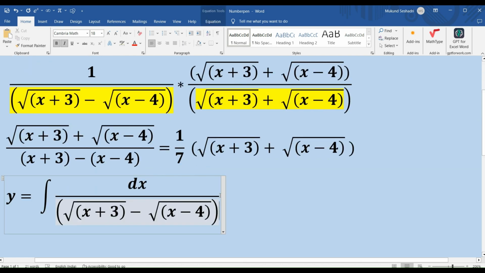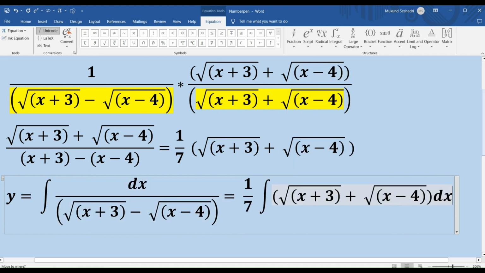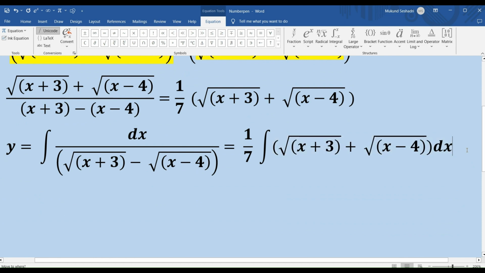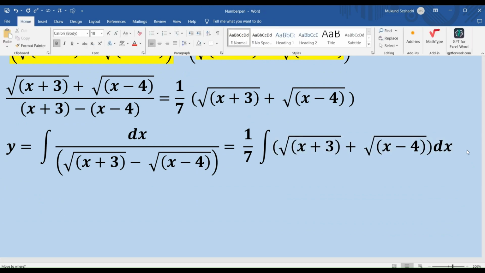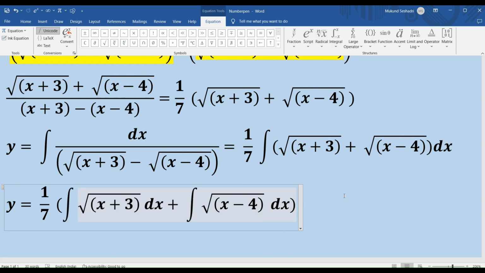So let's go down and write our y. I have now simplified it through rationalization and my y is nothing but integral of, I know that I can pull out my 1 by 7, keep it aside. This is what I get, right? And on this, I can apply the sum rule. I can further simplify this. My y becomes 1 by 7 times integral of square root of x plus 3 plus square root of x minus 4 dx, which is nothing but integral of square root of x plus 3 plus integral of square root of x minus 4 dx, right?